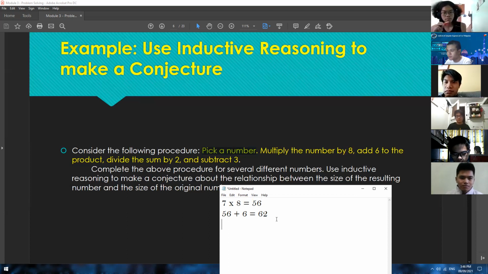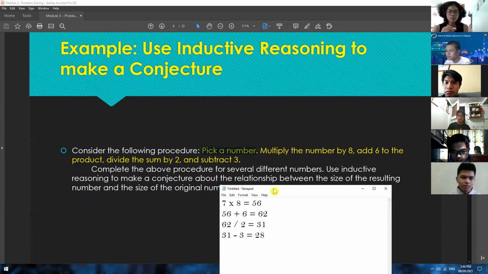Then divide the sum by 2. 62 divided by 2 is equal to 31. Then subtract 3. 31 minus 3 is equal to 28.